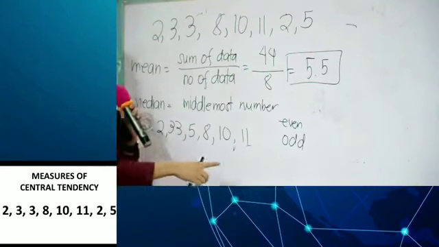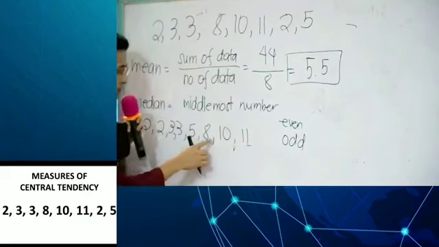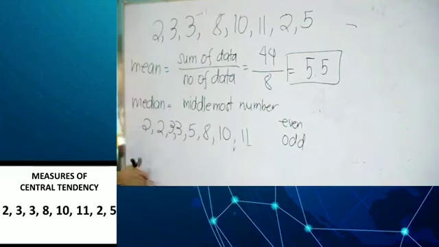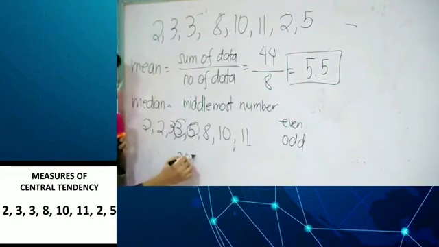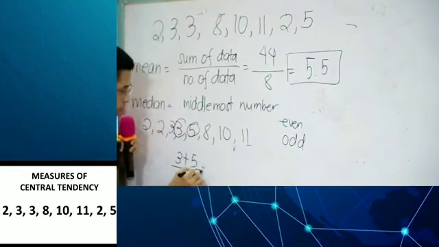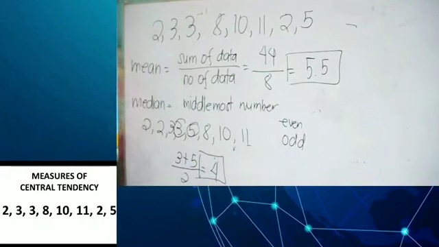Pag-odd yung number of data mo, the middlemost number will be automatically the median. Okay? So, for this case, is this odd or even? Even. So, 1, 2, 3, 4, 5, 6, 7, 8. So, ano yung two middlemost numbers? 3 and 5. So, 3 plus 5 over 2. So that is 4. So the median here is 4.